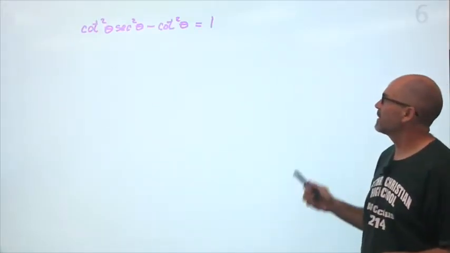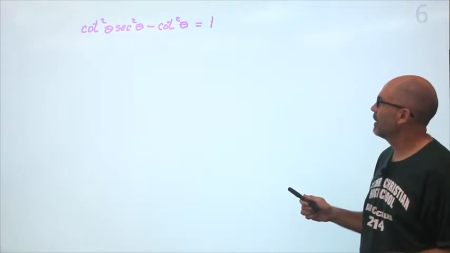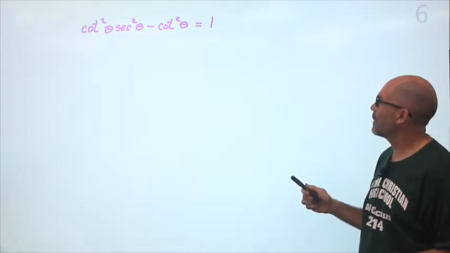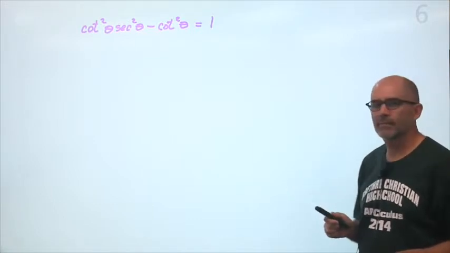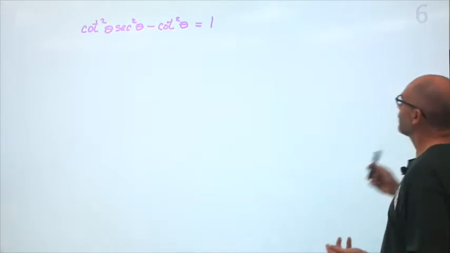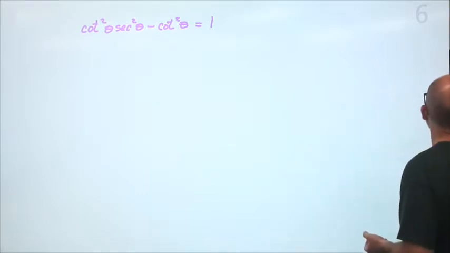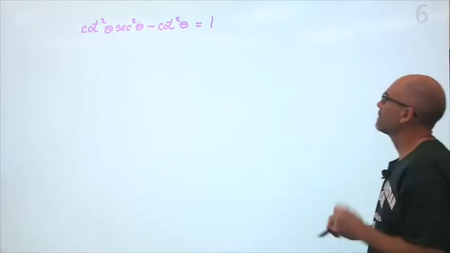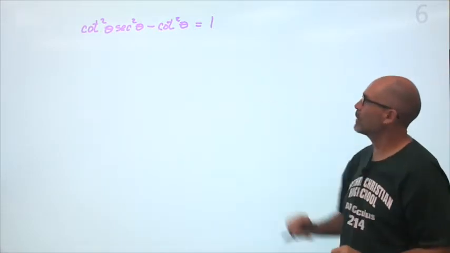Cotangent squared times secant squared minus cotangent squared equals 1. Okay, now, the first thing that I see to do here is factor out a cotangent squared.